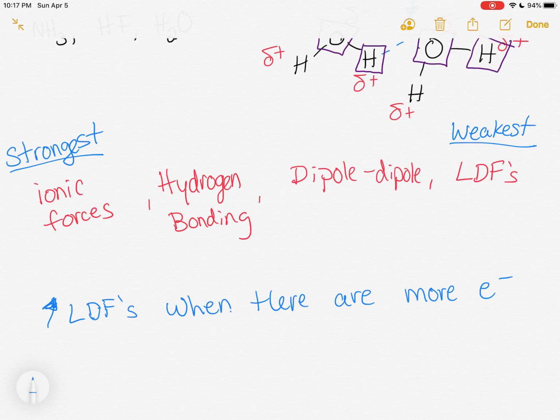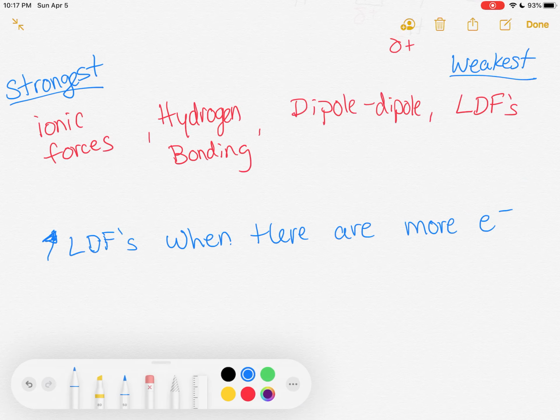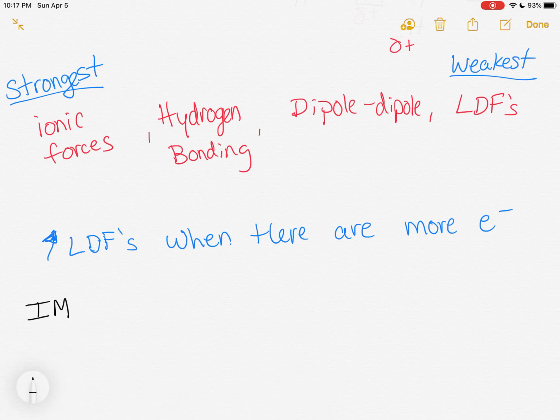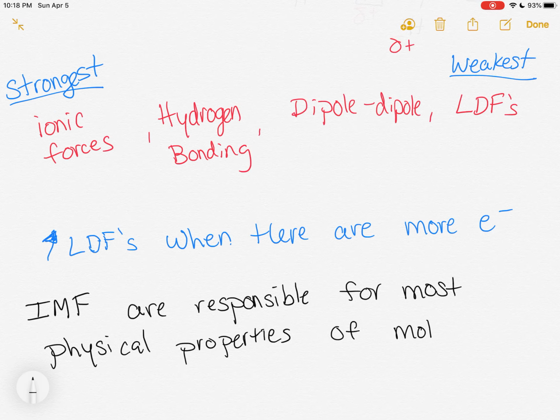Okay, now why do we care about intermolecular forces? The whole overview of why intermolecular forces matter is that intermolecular forces are responsible for most physical properties of molecules.